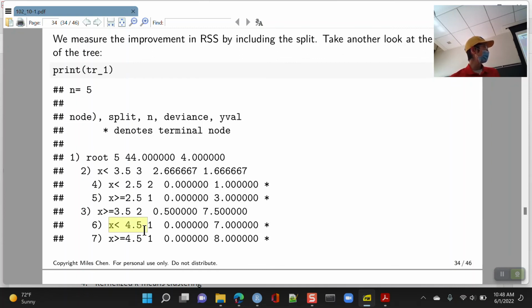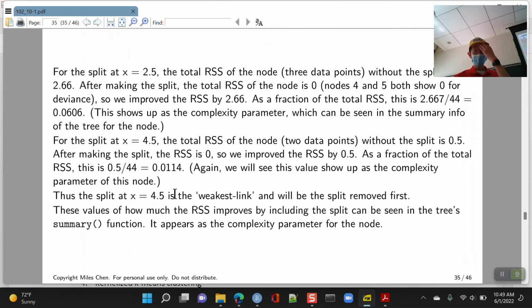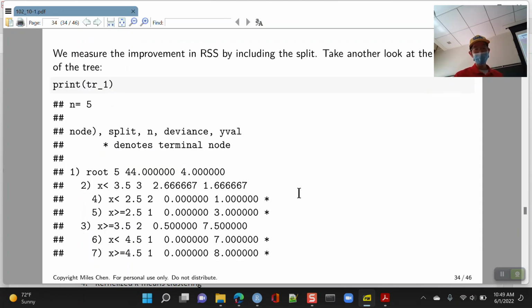The split at 4.5 reduces the deviance from 0.5 to 0. We ask which one has the smaller reduction in deviance, because that's the less important split. To go from 0.5 down to 0 is a smaller drop than going from 2.6 to 0. So that's basically what this slide says.